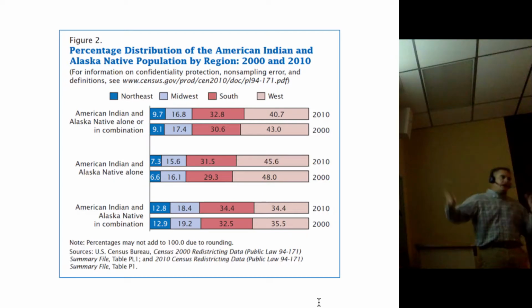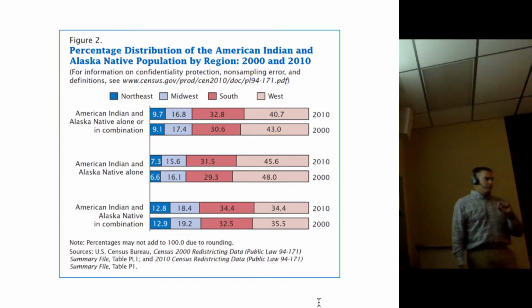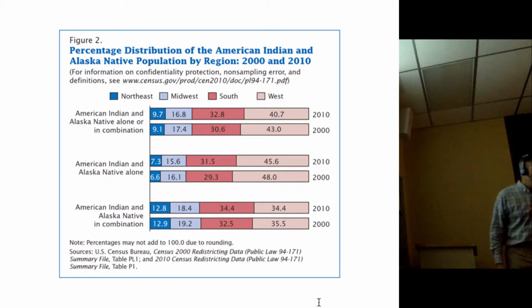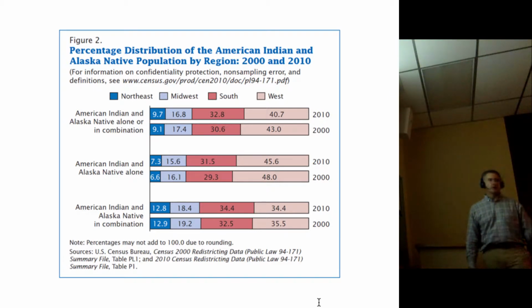The Midwest is counting the Dakotas and Nebraska, which has fairly significant American Indian population, Minnesota, Wisconsin. So those are pretty significant. The Northeast, in terms of total population, fairly significant in terms of numbers of people, but in proportion to the rest of the northeastern population, very, very small. Okay.